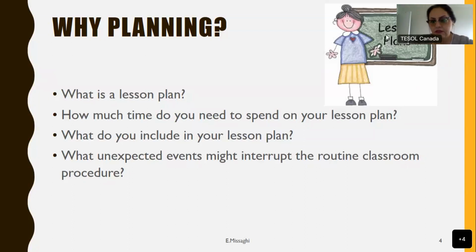A lesson plan is a plan showing what you intend to teach, how you intend to teach, and the end results of the lesson in the first place. Bravo. Very good. Very good. Excellent. What about the others? What do you say?